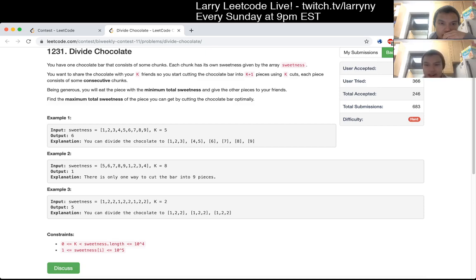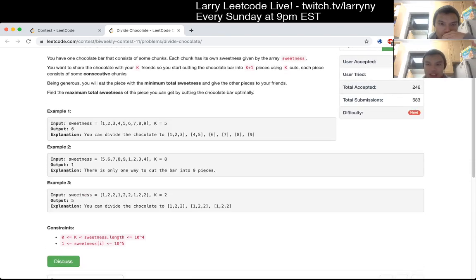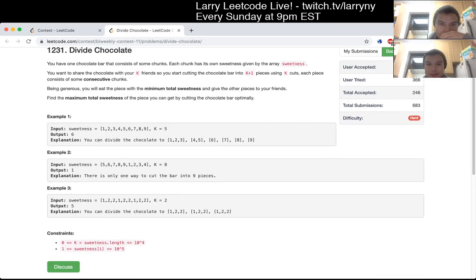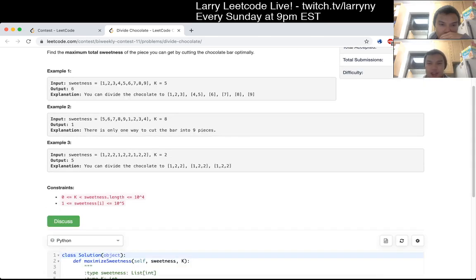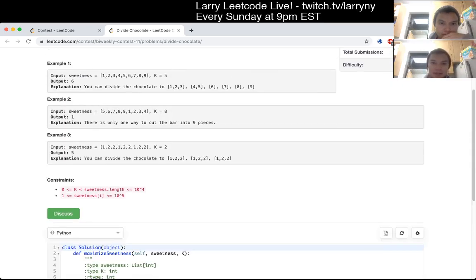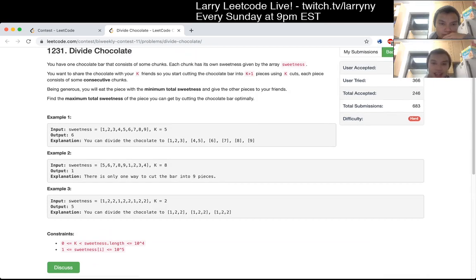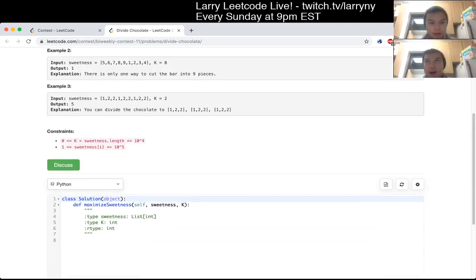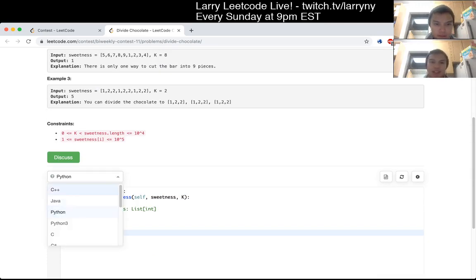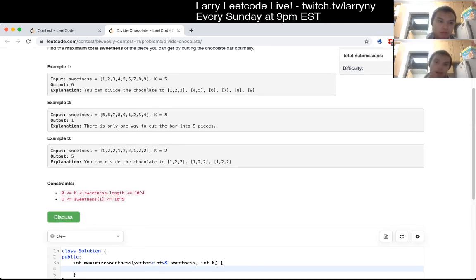That's where my mind went initially, and that is based off a greedy approach: given a certain total sweetness, how many pieces can you break that into so that the smallest piece is at least X sweetness. You solve that by greedy because if it goes over that, then you have to cut it, right? You have to chop it off and give it to the next.